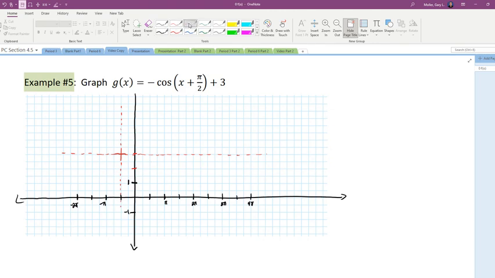And we know that the parent function starts at 1. So we're going to be up 1, and then we're coming down to 0, and then down and 0, and high and middle and low. All right, so this is the parent function.